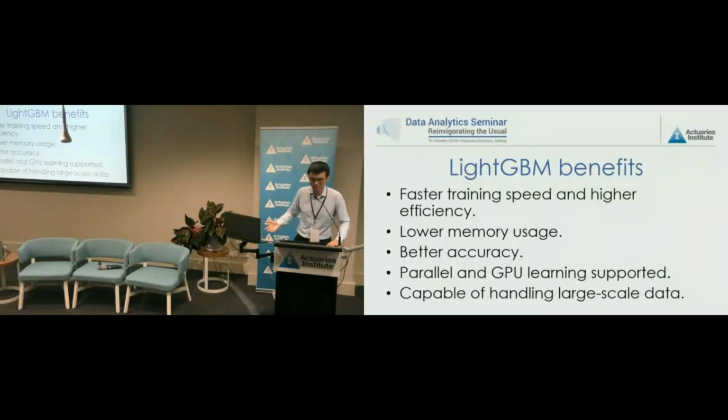And then also there's GPU learning, where you can leverage your graphics card to efficiently build your model. On a normal PC, you might have 8 cores or 12 cores, but with a graphics card, you have thousands of cores. So people found that it's really efficient to use GPUs. And as a result, you're able to handle very large data sets.